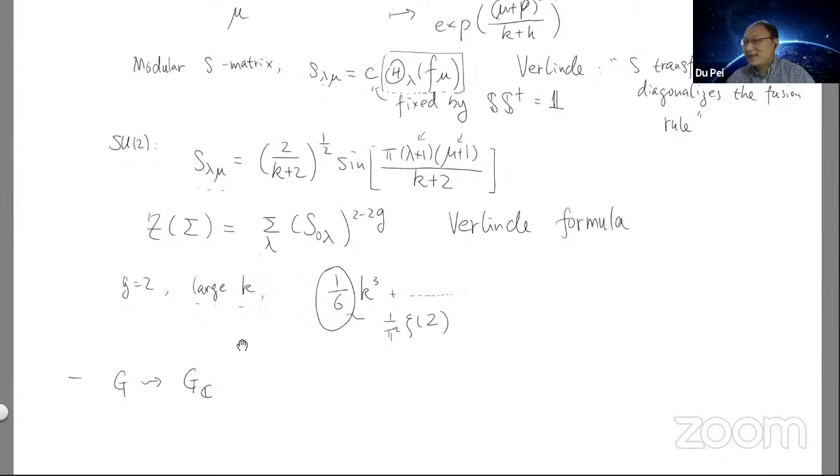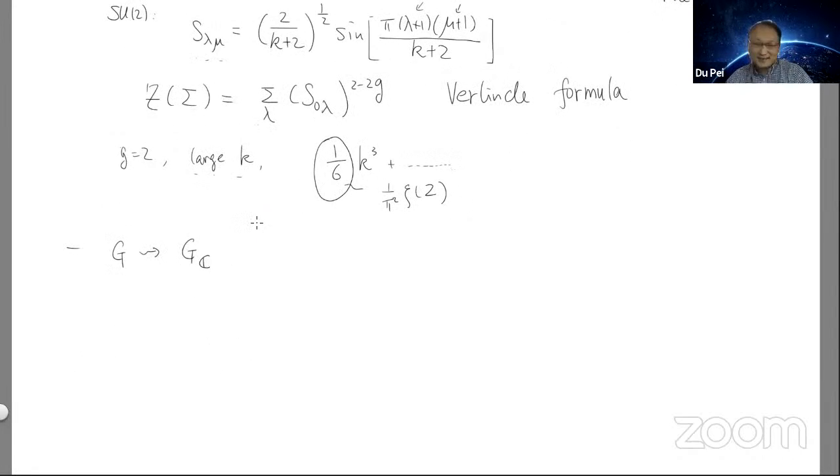Just like the Verlinde algebra has various interpretations, one can ask for which of the interpretations one can replace G with the complexified G_C, and what happens to the other interpretations.